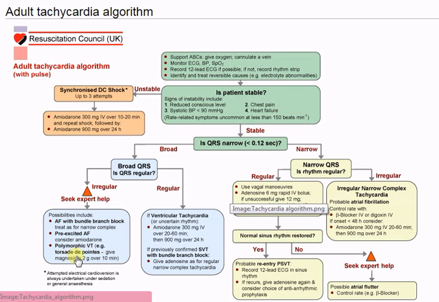Example to say the point. If you see polymorphic ventricular tachycardia on a series, you just need to give the patient magnesium 2 grams over 10 minutes.